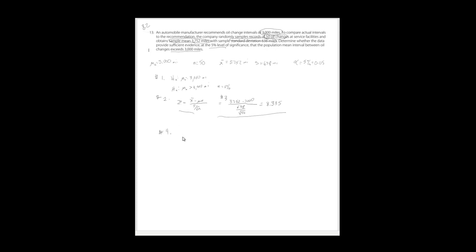Number 4 is construct the rejection region. We have our underlying distribution, which has its mean, and we're looking at a tail out here of our alpha, which is 0.05. We used C prime before to find this value.